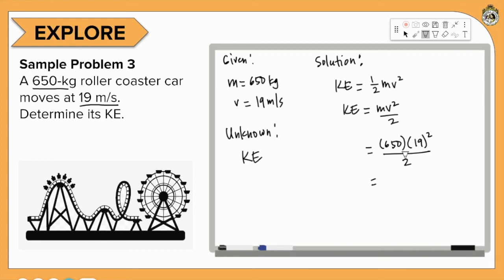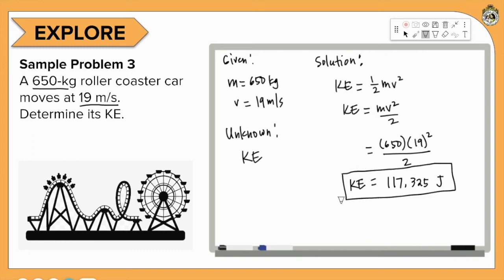Let me do that. 19 times 19, or 19 squared, times 650 divided by 2, and I'm supposed to get a very big value, 117,325, and since this is energy, the unit should be joules. So this is the final kinetic energy, 117,325 joules.